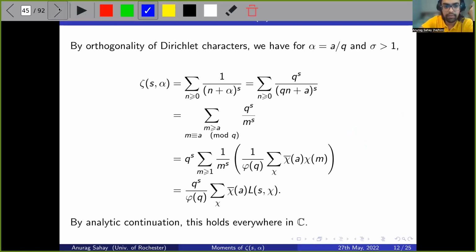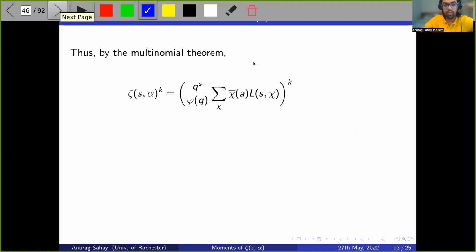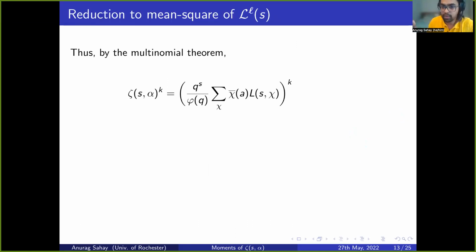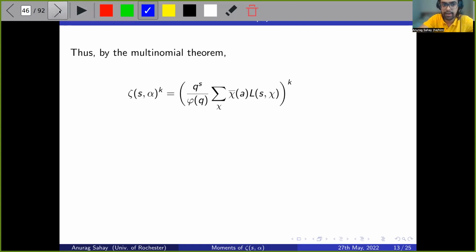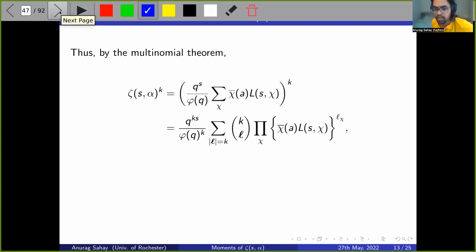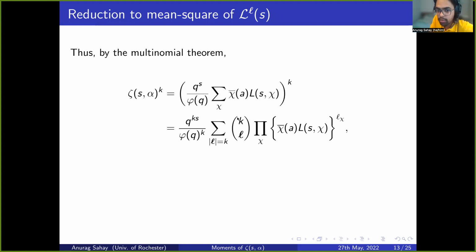Now, what I want to do is find the 2kth moment of zeta. So I need to write down zeta(s, alpha) to the k, and that's just straightforward combinatorics. You write this down using the multinomial theorem. So this k choose L is a multinomial coefficient.